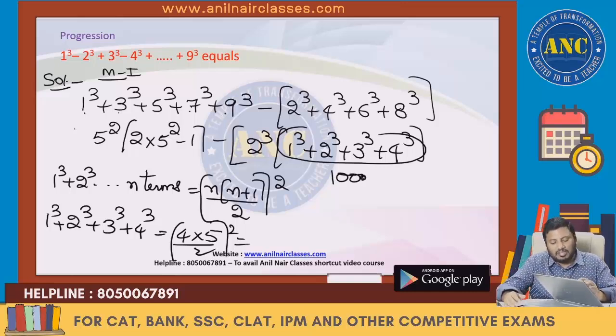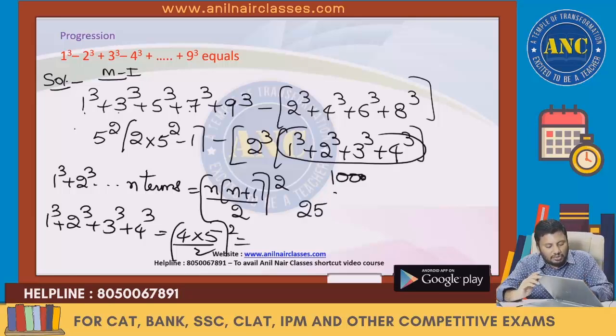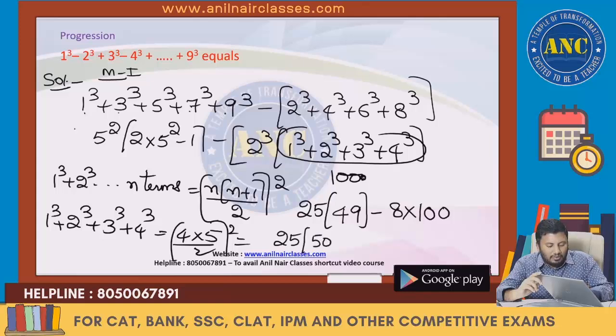64 plus 27, 91, 99, 100. So 25 into 2, 50. 50 minus 1, 49. 25 into 49 minus 8 into 100. This is nothing but 25 into 50 minus 1 minus 800.